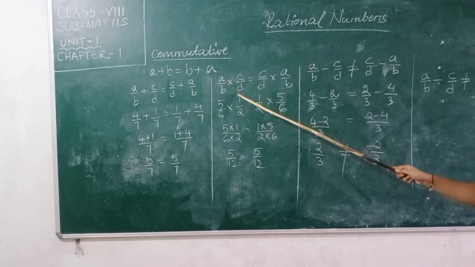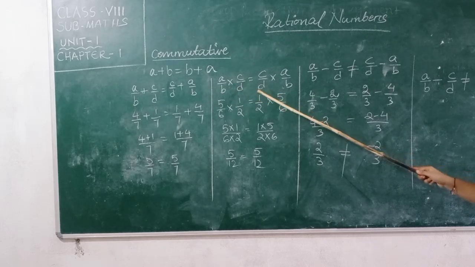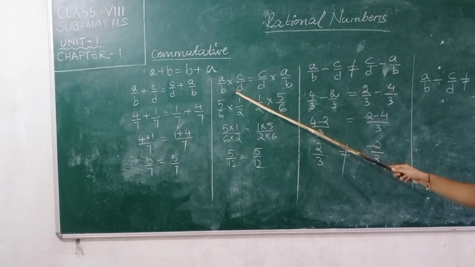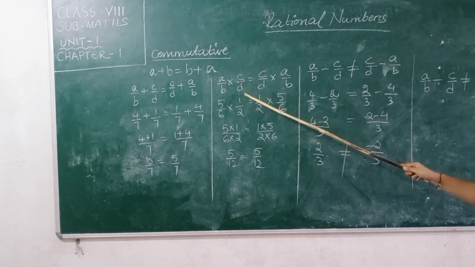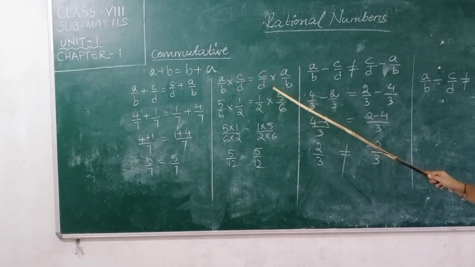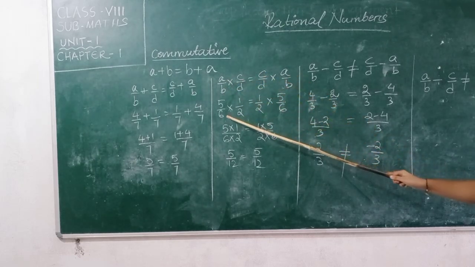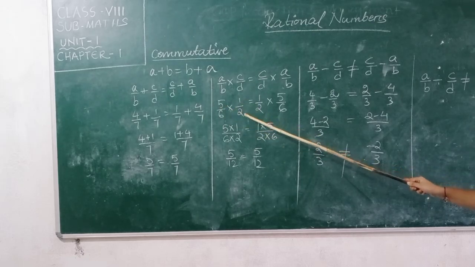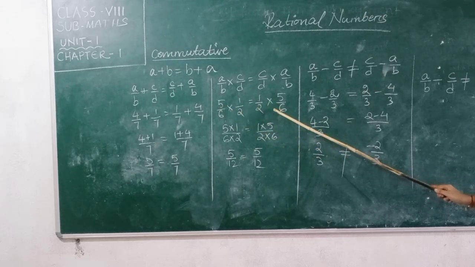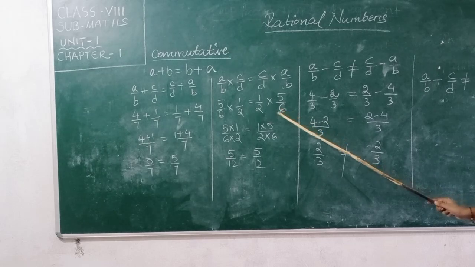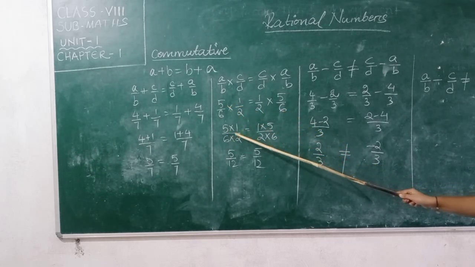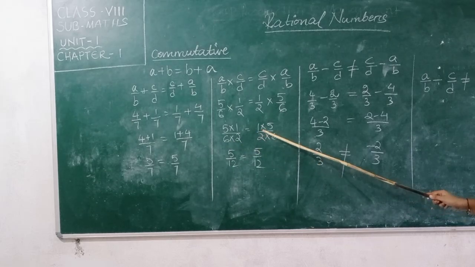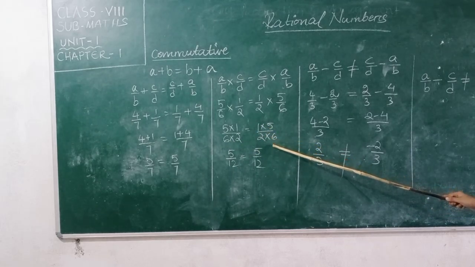If we go to the next, we take the same commutative property for multiplication. So a by b into c by d equal to c by d into a by b. Here an example: 5 by 6 into 1 by 2 equal to 1 by 2 into 5 by 6. Multiplying the numerators, 5 into 1 by 6 into 2 equal to 1 into 5 by 2 into 6.